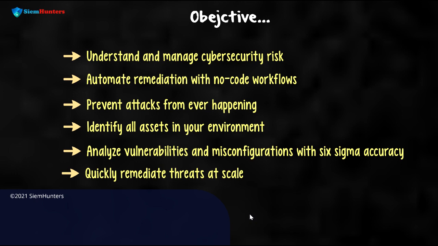It detects all IT, OT, and IoT assets for a complete categorized inventory enriched with details such as vendor lifecycle information and much more. It helps in analyzing vulnerabilities and misconfigurations with Six Sigma accuracy. Automatically detect vulnerabilities and critical misconfigurations per Center for Internet Security, that is CIS benchmarks by asset.